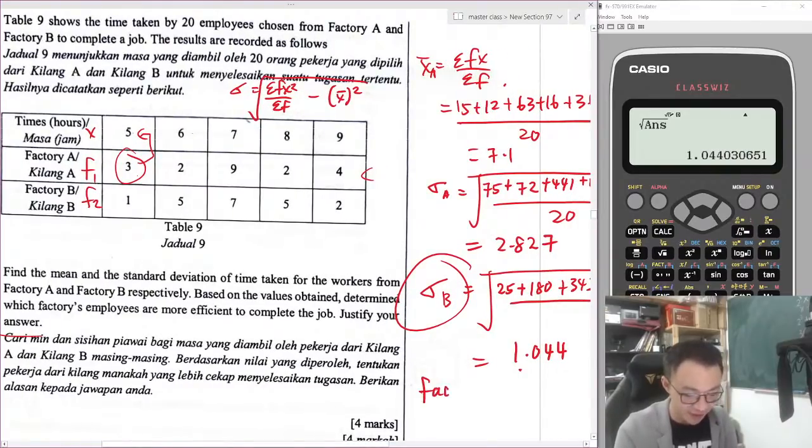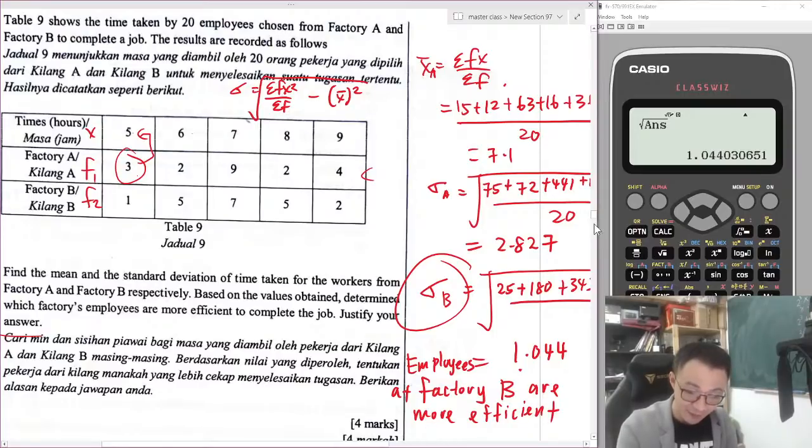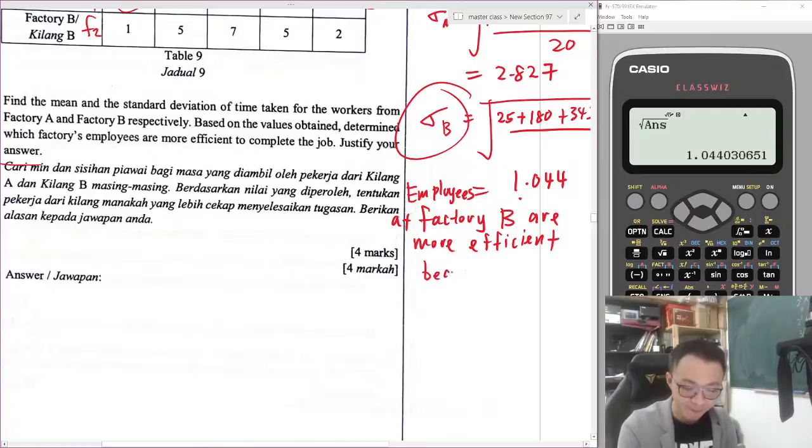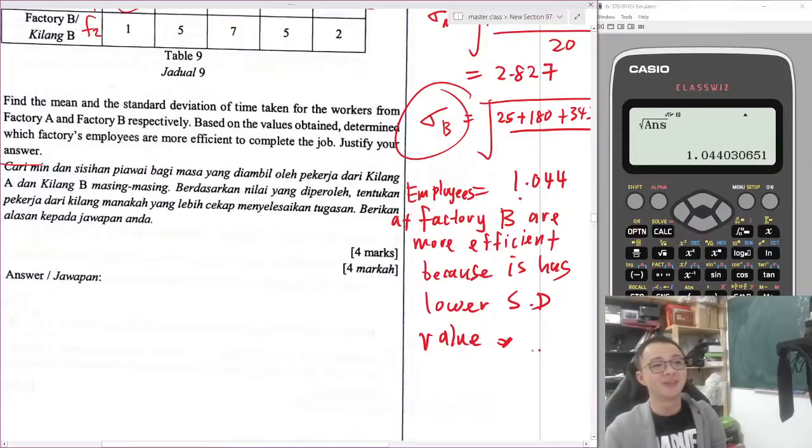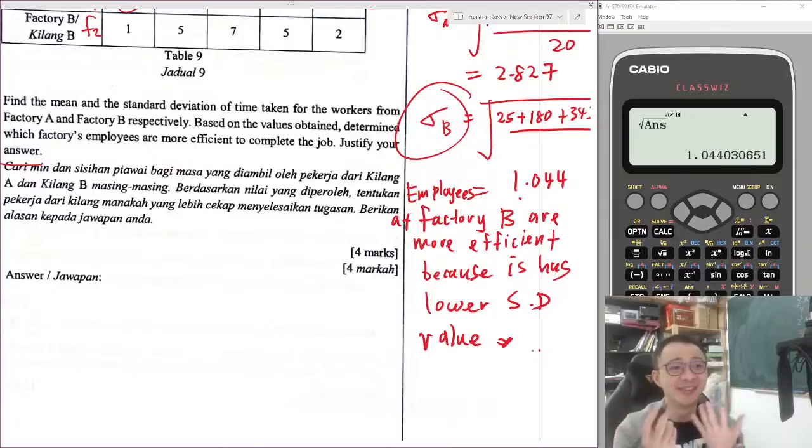I will say factory B. Employees at factory B are more efficient, because it has a lower standard deviation value. Okay, so please forgive my ugly writing, because I use the digital pen to actually write it.